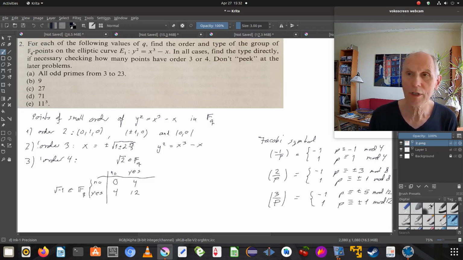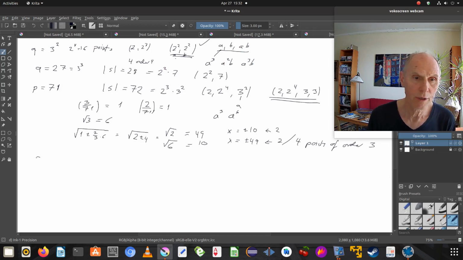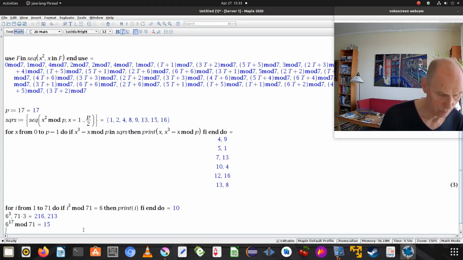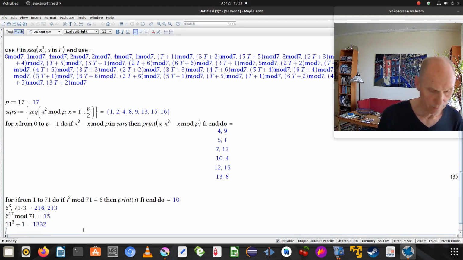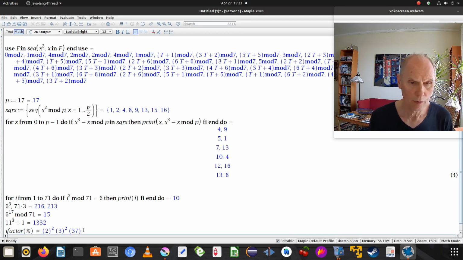And the very last one, 11 to the third. This is modulo 3, modulo 4, so this is as well. 1,332.